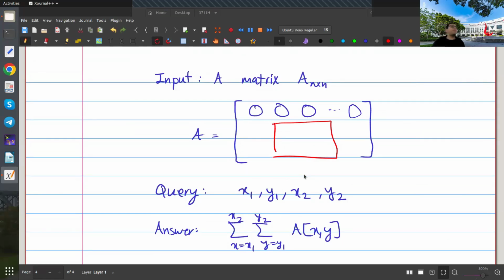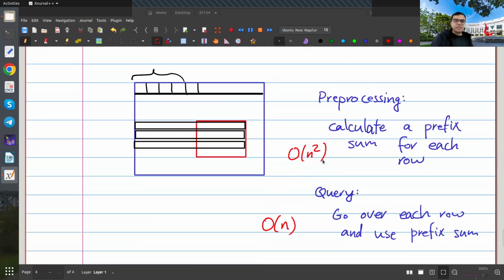And the size of my input is n squared. So just reading the input is going to take n squared time. And if I'm doing my pre-processing in n squared, no one can tell me do this faster. It's just impossible, right? But I want to do my queries faster. Can I somehow make the query faster?